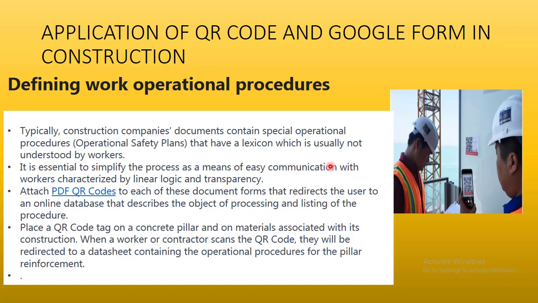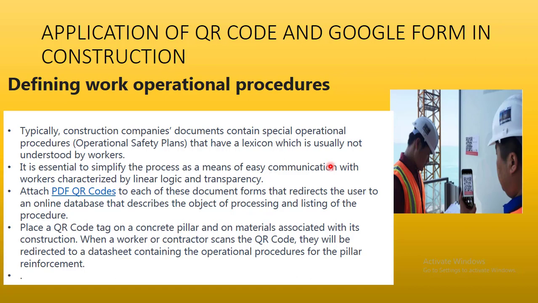It is essential to simplify the process as a means of easy communication with workers, characterized by linear logic and transparency. You can achieve that by attaching a PDF QR code to some of these documents that can give the user more detailed information about a particular procedure.